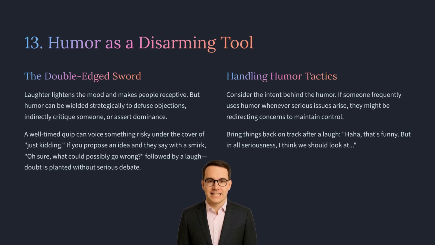Perhaps you propose an idea and they say with a smirk, "Oh sure, what could possibly go wrong?" Followed by a laugh. Everyone might laugh along, but the seed of doubt about your idea is planted without a serious debate. This is a hidden move because if confronted, they can always say, "Relax, it was just a joke." Yet the impact on the discussion is real.